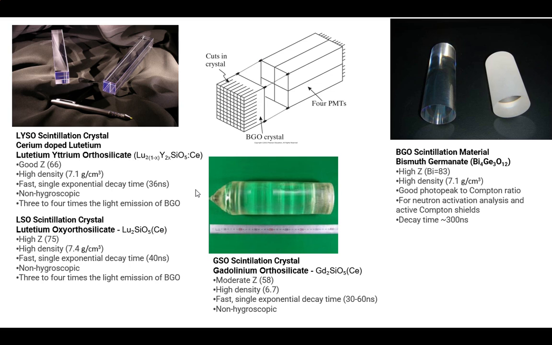It's got a really good photo peak to Compton ratio. So it's easier to distinguish between a direct on photo peak versus a Compton scattered one. That's really nice because it helps me to do it. This is not as big, but the Compton shield part is the important one to us, and we do want to distinguish the Compton scatters from the not.